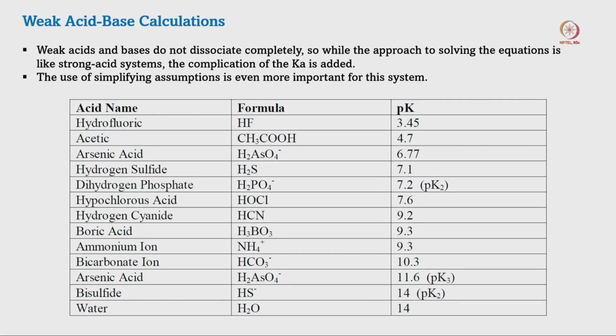Solving these equations can become a little more complex, and therefore we have to start using more simplifying assumptions. For example, hydrofluoric acid and acetic acid. You can see that for some acids there will be a pK2 value, a pK3 value, depending on the number of dissociations.